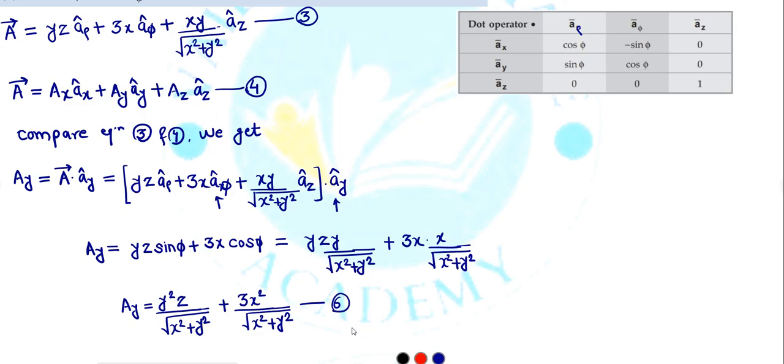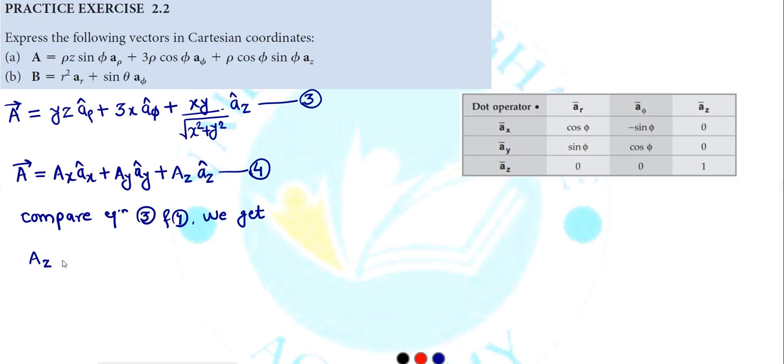Okay, now the next part we are going to find out the value for that Az. Now again we are going to compare equation 3 and equation 4 in order to get the value of Az. So that Az will be your given vector A having the dot product with respect to the unit vector along z direction.